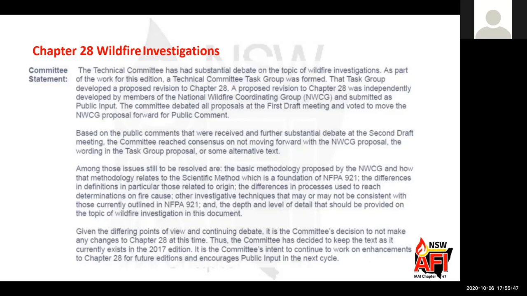Long and short, it doesn't really make much difference at this point because they're both still in tandem with the NWCG material. And the handbook that they produce is the Wildfire Origin and Cause Determination Handbook, and that's, I guess, the go-to for all wildfire investigation around the world, really, isn't it?